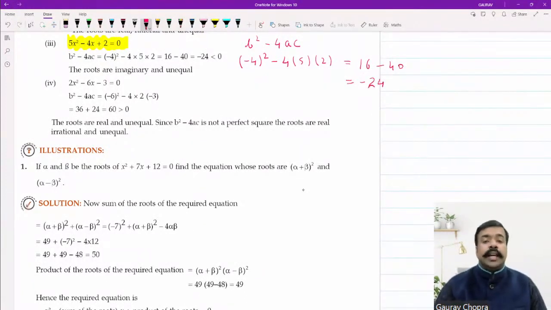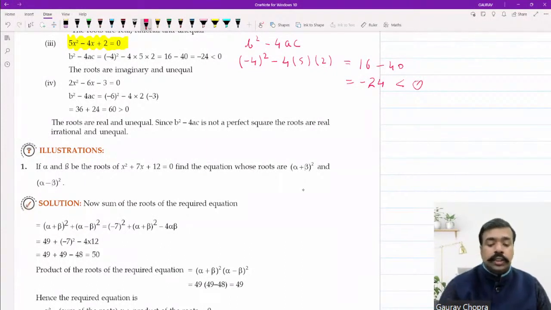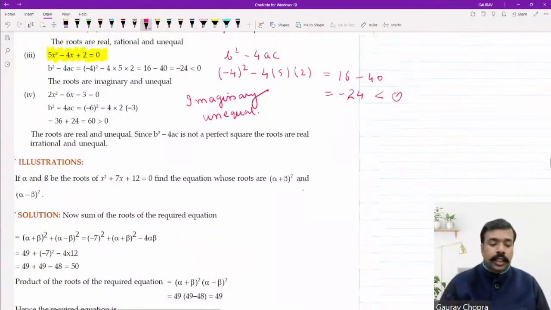The value is negative. So whenever b square minus 4ac is negative, or we can say it is less than 0, then the roots are imaginary. So here we will say that roots are imaginary, or we can say unequal. They are unequal.